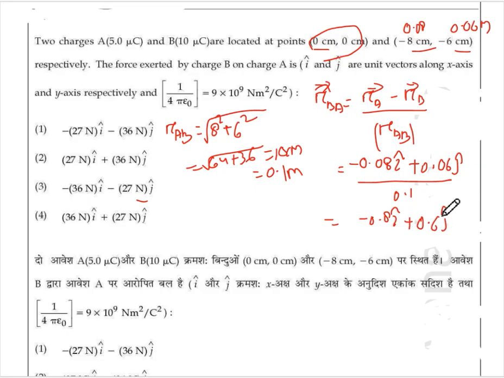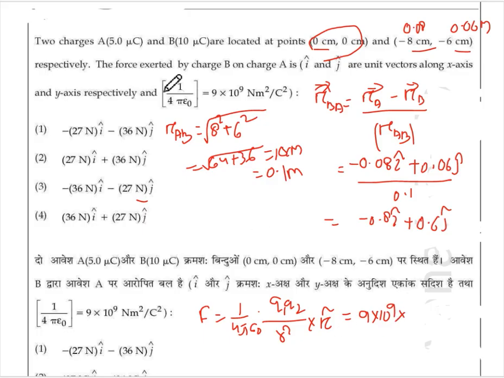Okay, so now we have to find the force. So force will become 1 by 4 pi epsilon naught into Q1 Q2 by R square into R cap. So you have to just put its values: 9 into 10 to the power 9.